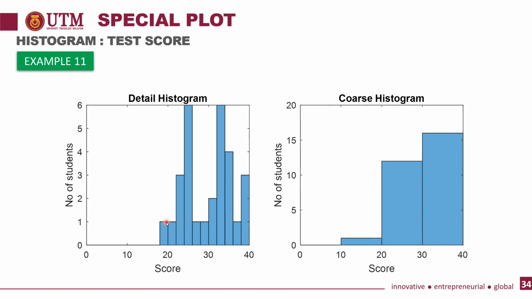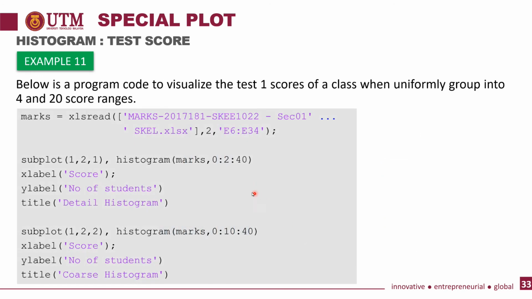This histogram is created from 0 to 40 with a bar width of 2, that's why it has more segments here, but this time it starts from 0 to 40 with a bar width of 10. This is the difference in this syntax: histogram, marks, which is the data that you want to put, 0 to 40 with the bar width of 2.